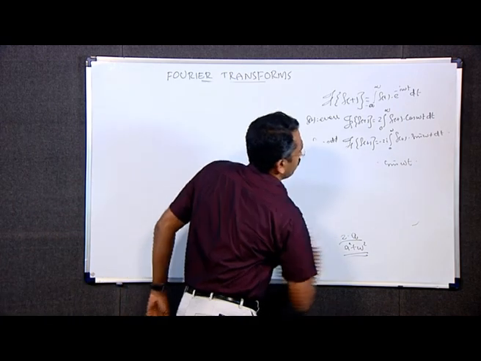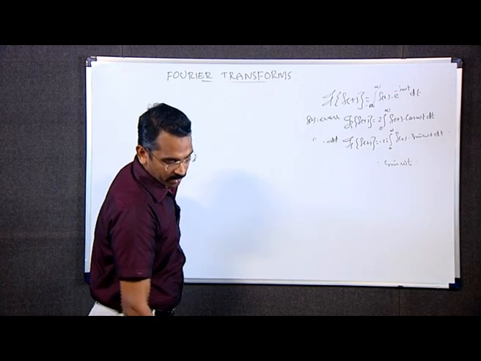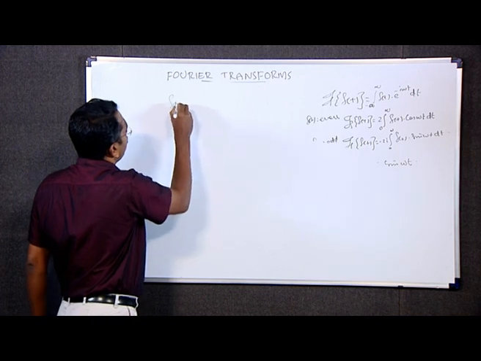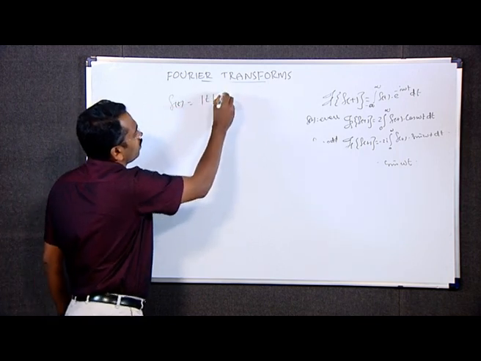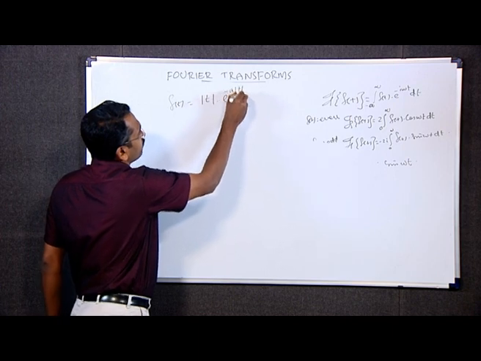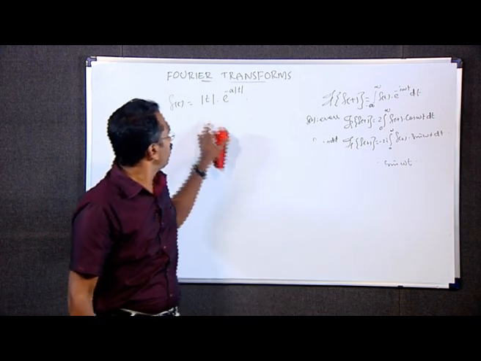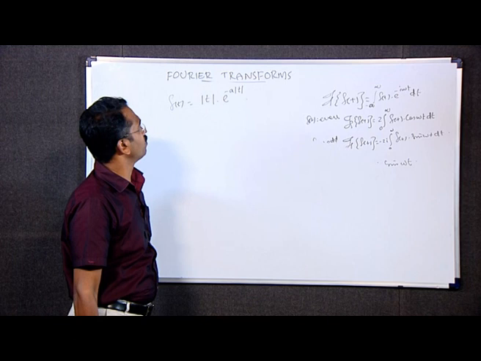Now consider the function f of t equal to mod t into e raised to minus a into mod t. We have to find the Fourier transform of this function.